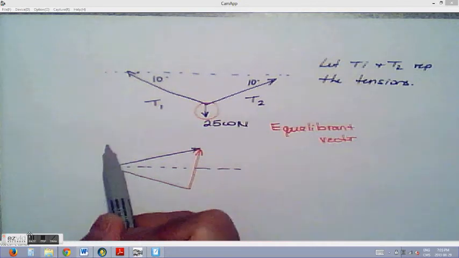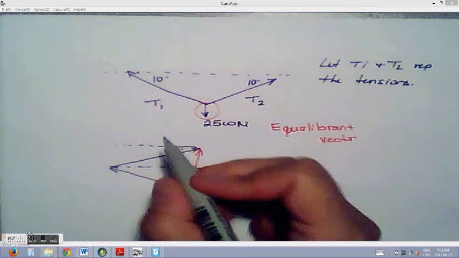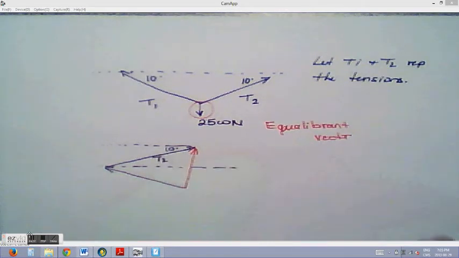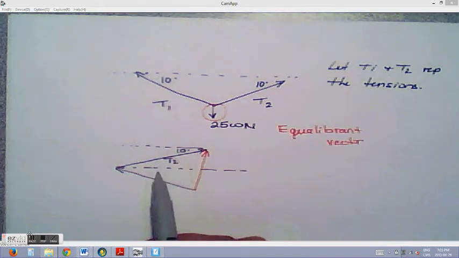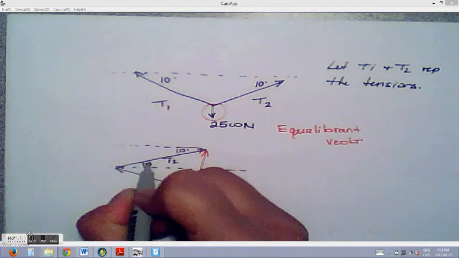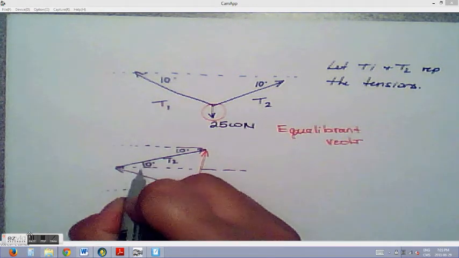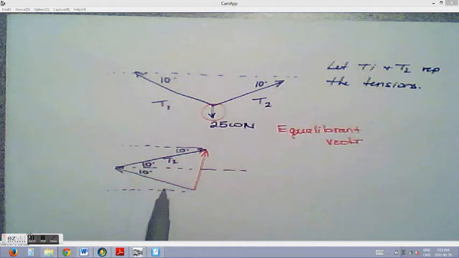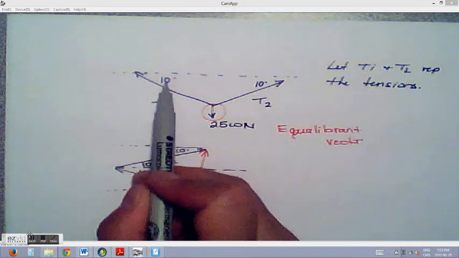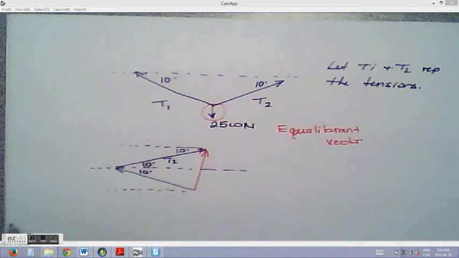But okay, so here we can say this was 10 degrees, if that was T2. Using the Z pattern, this here is also 10 degrees, okay? And if you're picturing this one, that's also 10 degrees there. So that vector is T1, so that angle there corresponds to this angle here.